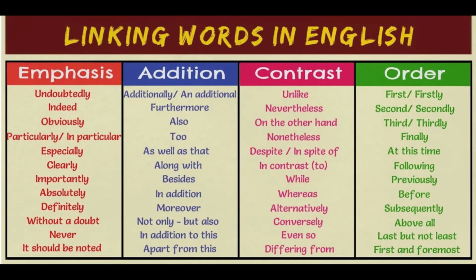Or you can use other linking words, for example, first, second, third, finally, at this time, following. Or you can also use emphasis linking words, like obviously, especially, clearly, importantly, absolutely, definitely. So there are some examples you can use to make sense of your process essay.